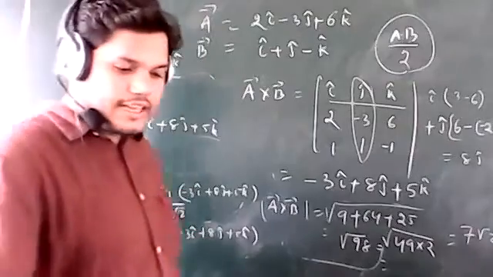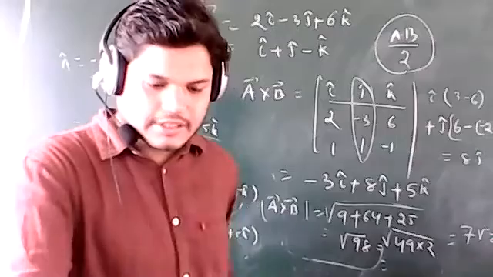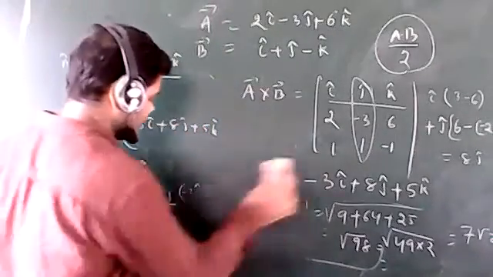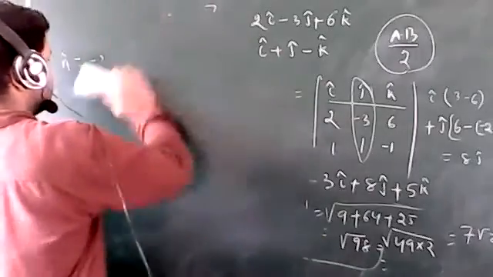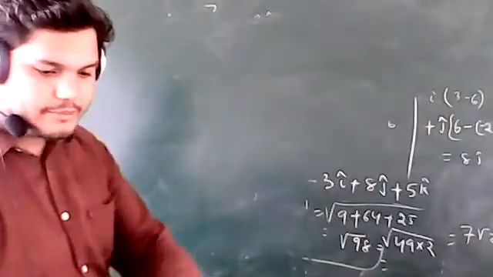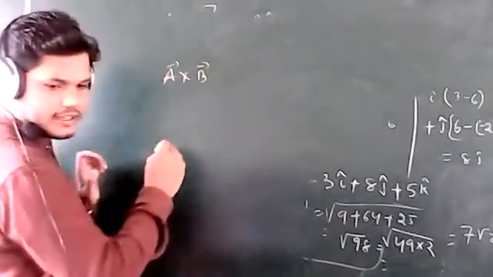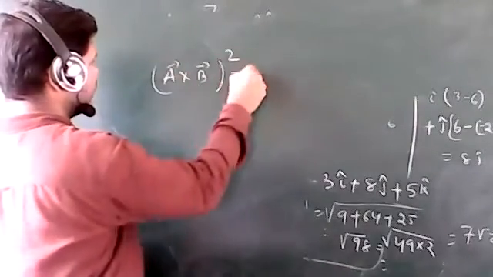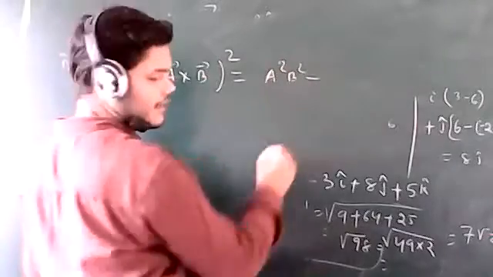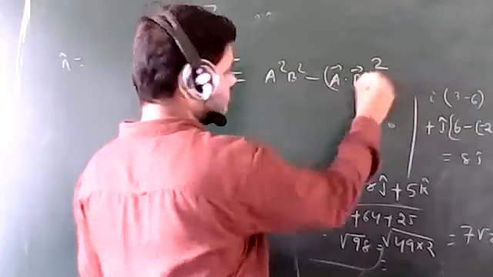So this type of question. And another type of question will also come in the exam like this. If it is given, you have to prove something. Vector is very important as compared to scalar. It is given A cross B magnitude square equal to A square B square minus A dot B whole square.